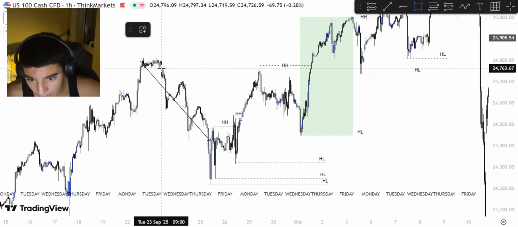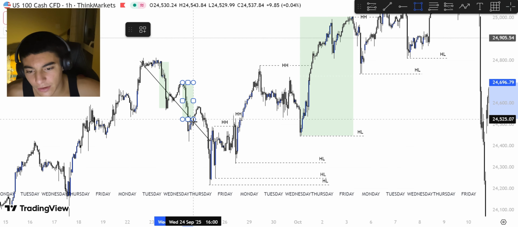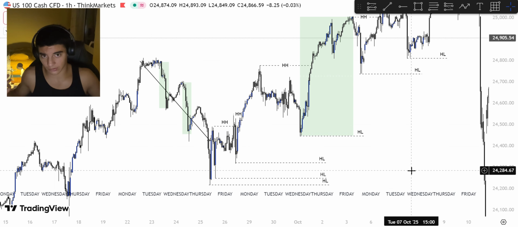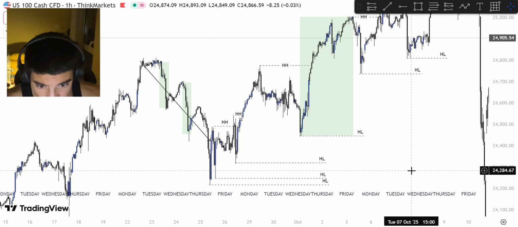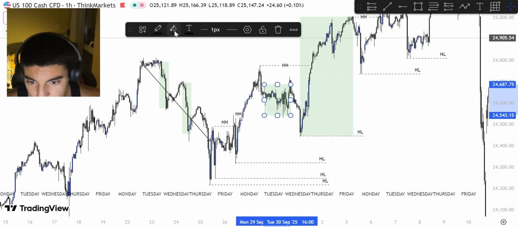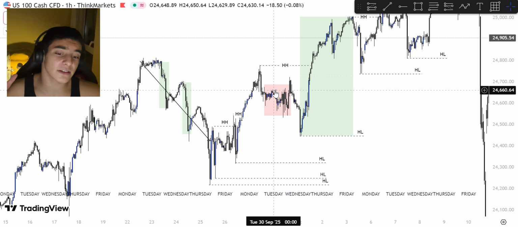As you can see right here, we had an impulsive move to the downside, we had another impulsive move to the downside. Impulsive moves are just moves that make the market, basically, which are explosive and impulsive, as the name suggests. For example, this right here is not, let me actually switch color. This right here is not an impulsive move. Why is it not an impulsive move?